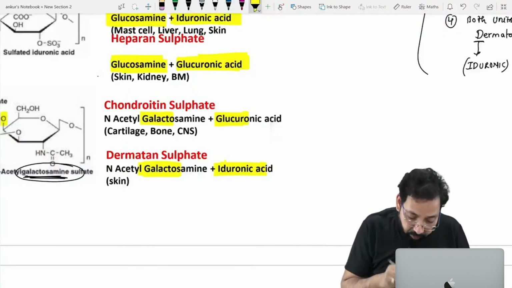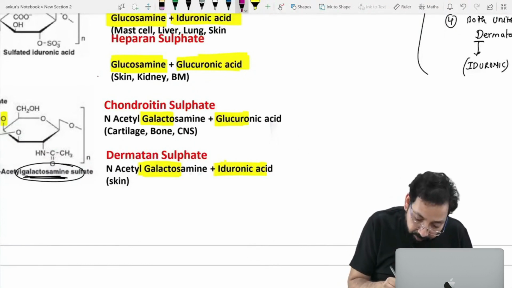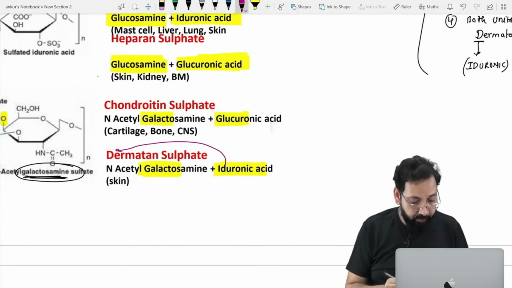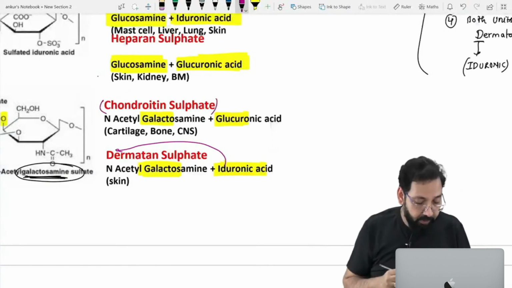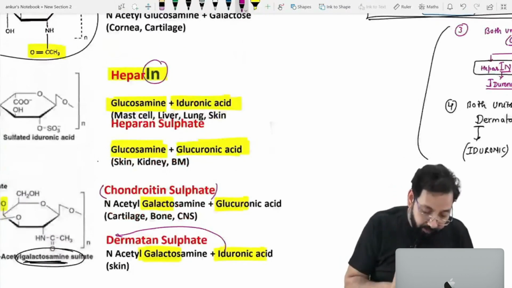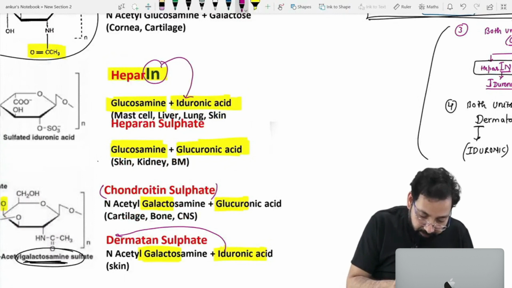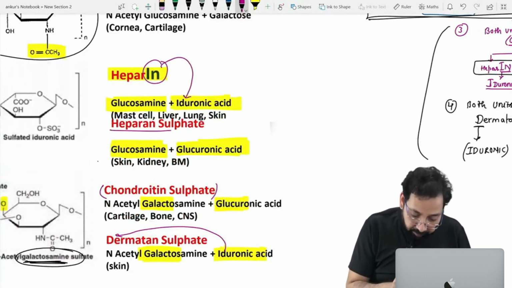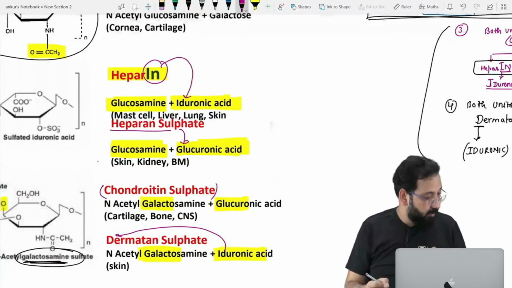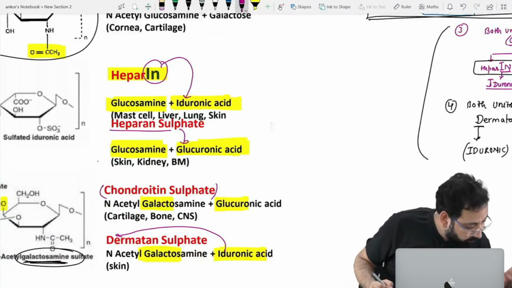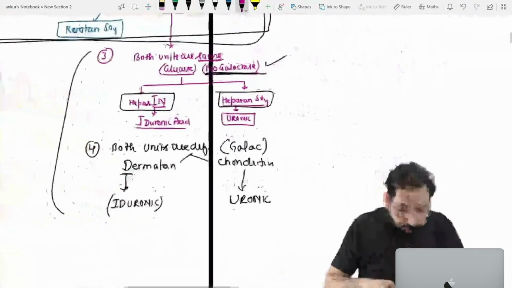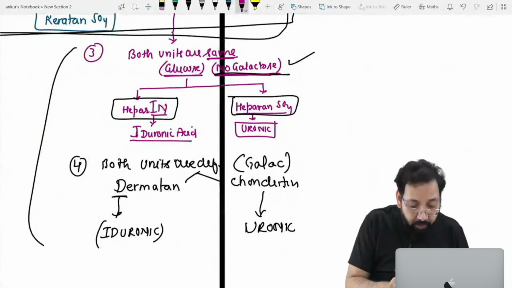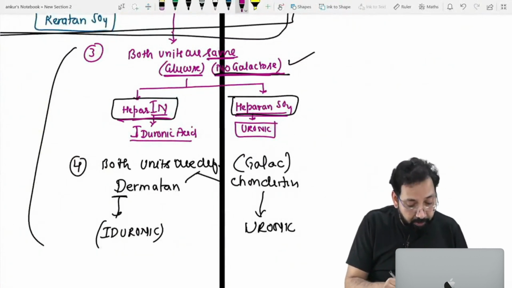If iduronic acid, then it is dermatan sulfate. If glucuronic acid, then it is chondroitin sulfate. In heparin, iduronic acid. In heparan sulfate, glucuronic acid. Clear? It means both units are glucose, no galactose, in heparin or heparan sulfate.